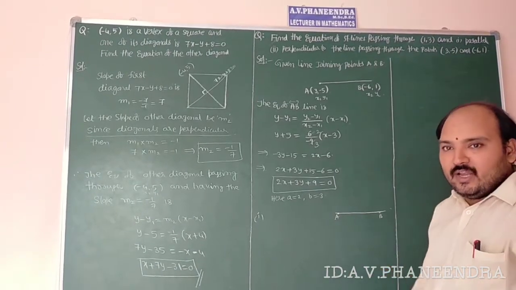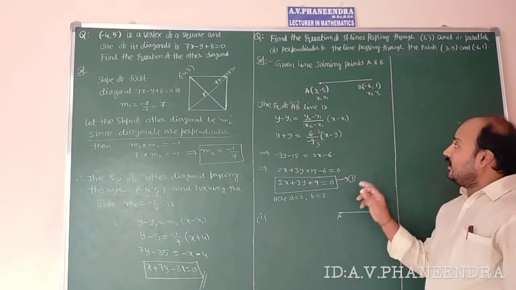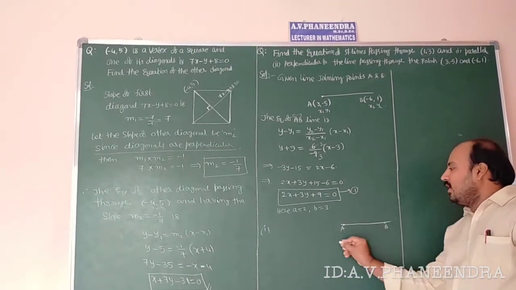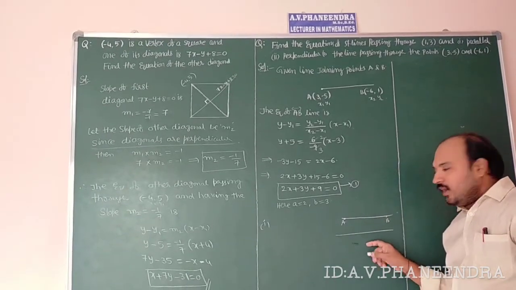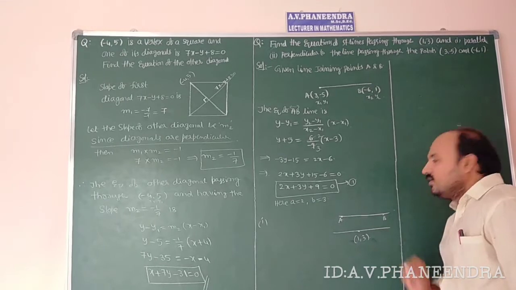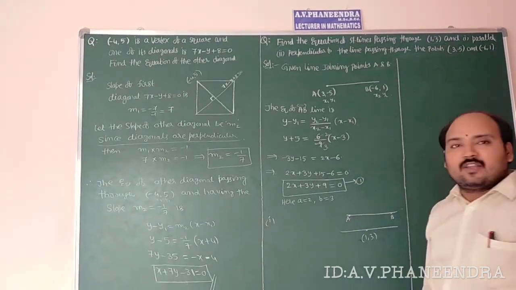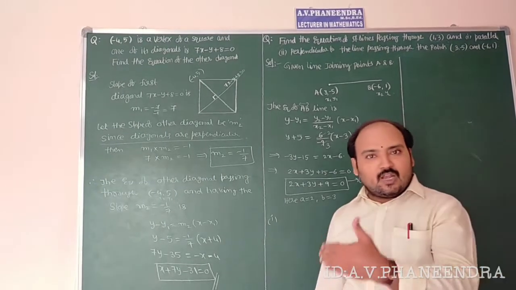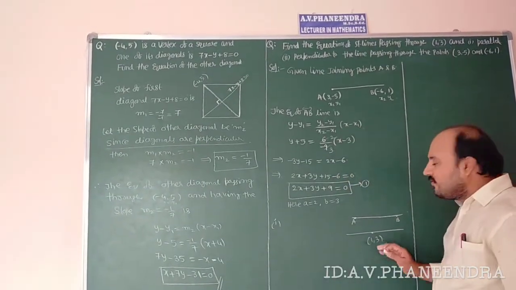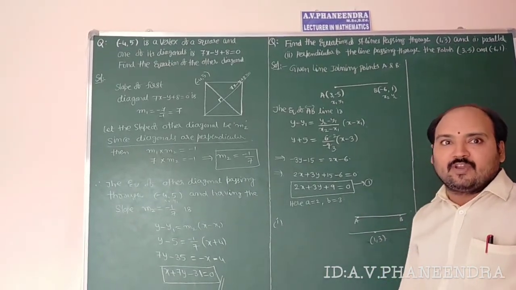They are asking to calculate the equation of the line parallel to AB and passing through the point 1 comma 3. In previous classes I discussed that the equation of the line which is parallel to ax plus by plus c equal to 0 and passing through x1 y1 is a into x minus x1 plus b into y minus y1 equal to 0.